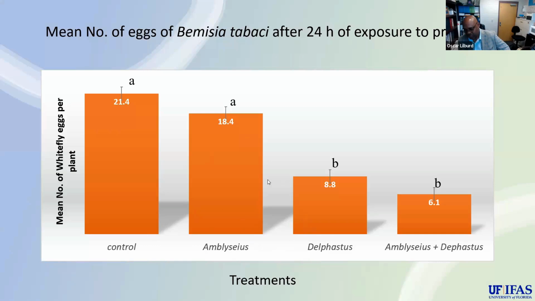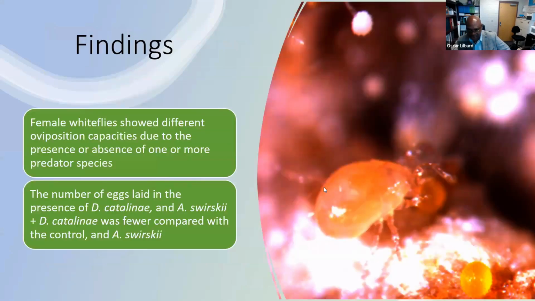We were wondering what would happen if we did the same experiment in the field with Delphastus. We think the results may be different, and we are not sure until we complete this experiment. This was something that we recently did.